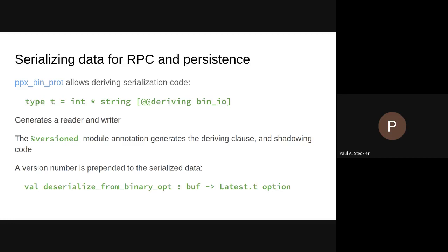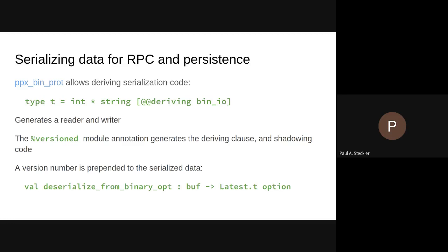The writer, when it writes serialized data, also adds a version number, an integer, before the rest of the serialized data. And if we want to read some serialized data, we have a function deserialize from binary opt, which takes a buffer of serialized data.